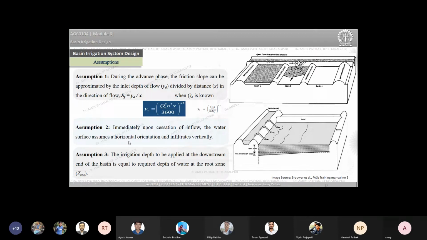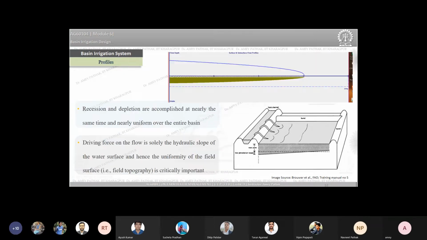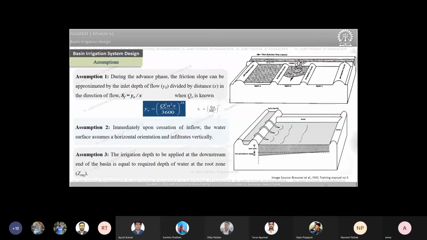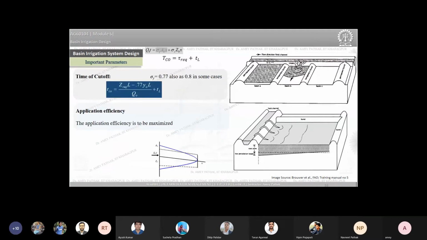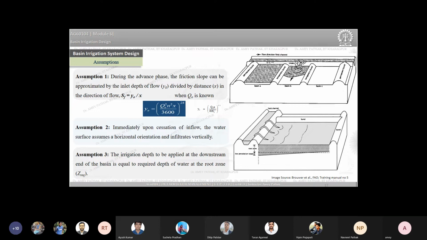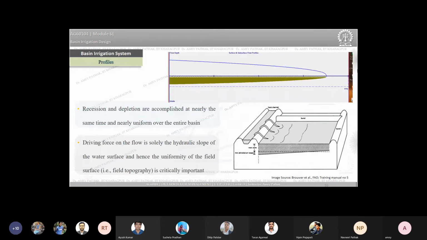That is the first assumption. The second assumption is that immediately upon the cessation of the inflow, the water surface assumes a horizontal orientation and infiltrates vertically. Immediately after cutoff, the water surface assumes a horizontal orientation and infiltrates vertically.